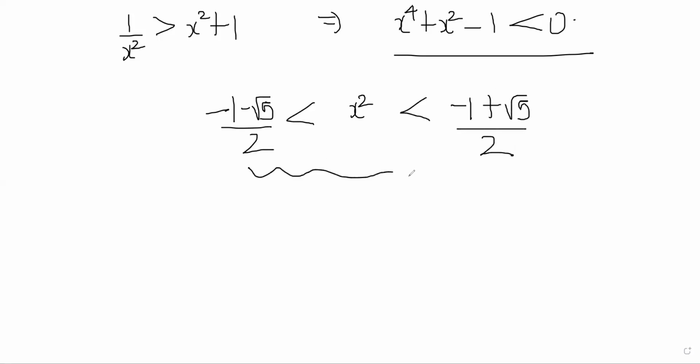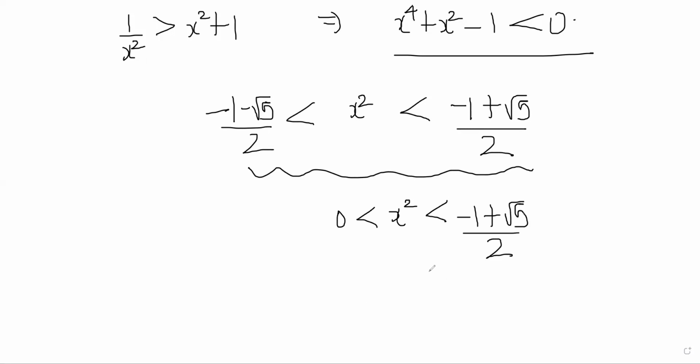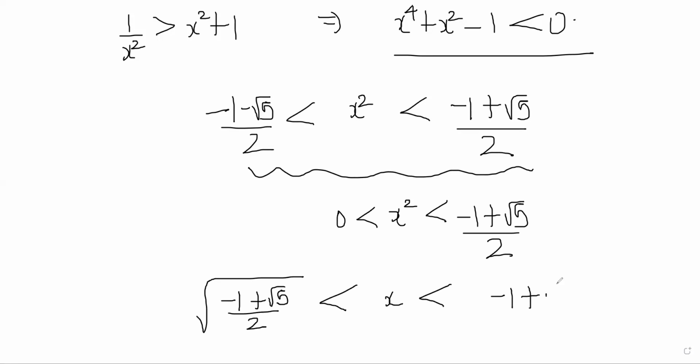If x square lies in this range, since this is obviously negative, x square basically lies between 0 to minus 1 plus root 5 by 2, which implies that x will lie between the negative root of this and the positive root of this, right?